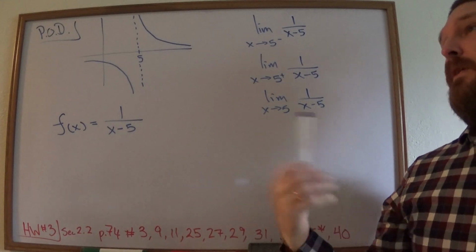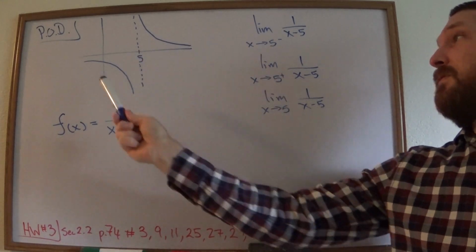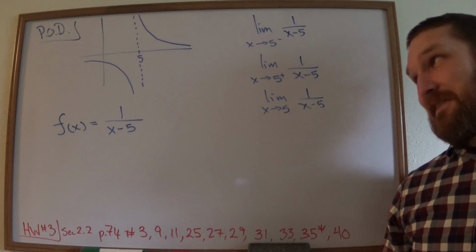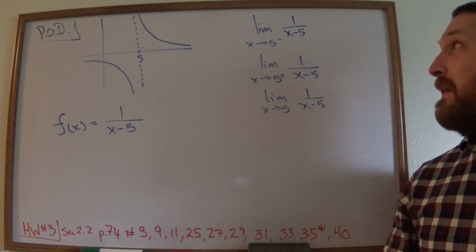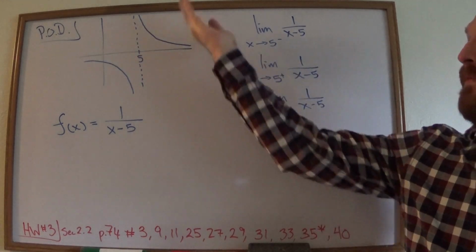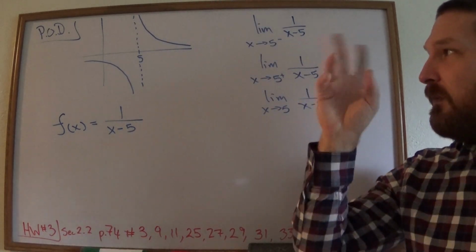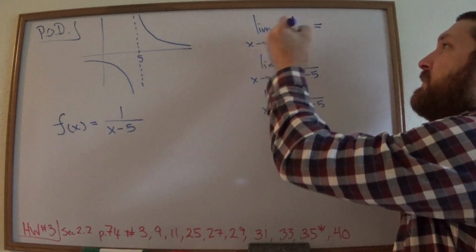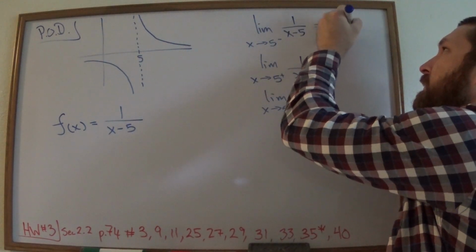We could say that this blows up. Actually, in this case, since we're approaching from the left, we would say it blows down. Going from the other way, we'd say it blows up. But what we're going to say is that this thing approaches negative infinity.